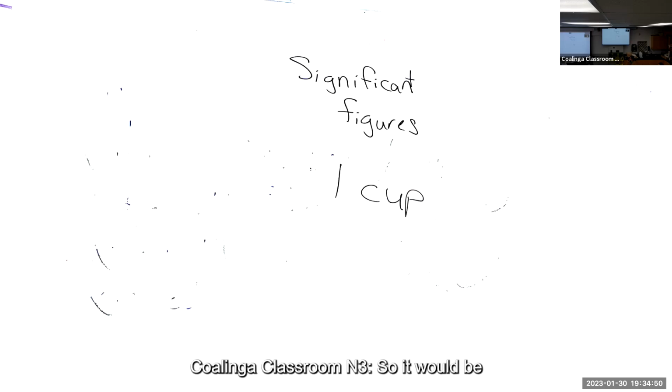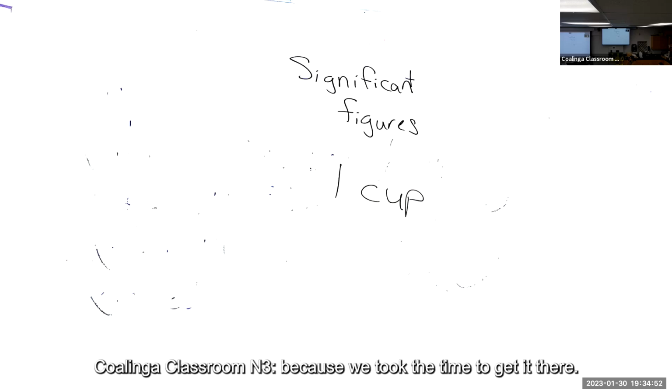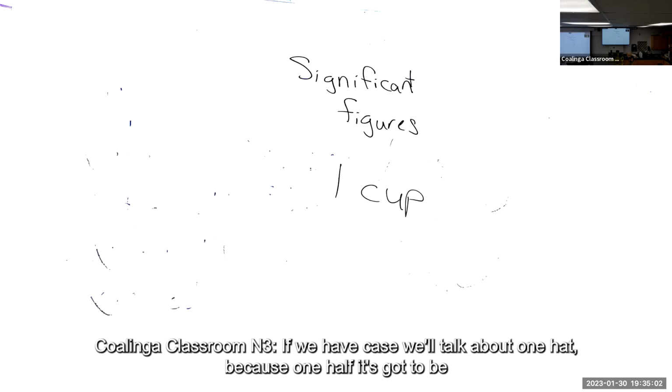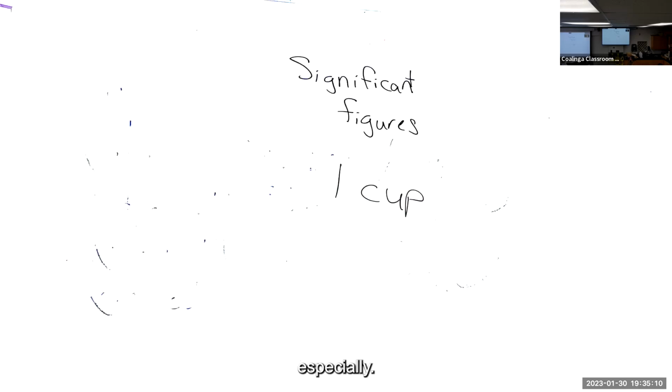So it would be infinite in that case, because we took the time to put the unit there. Now, we'll talk about 1/2 because 1/2 is going to be a special case, and I'll explain that in a second.